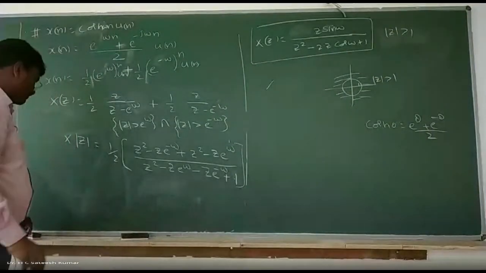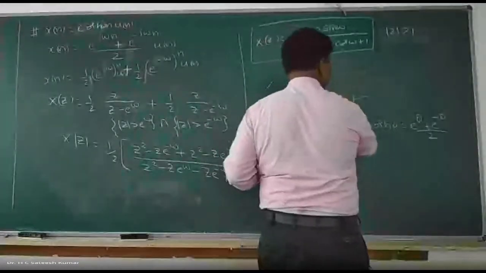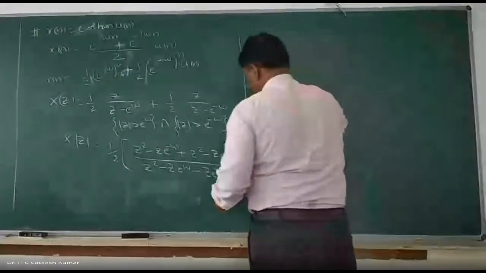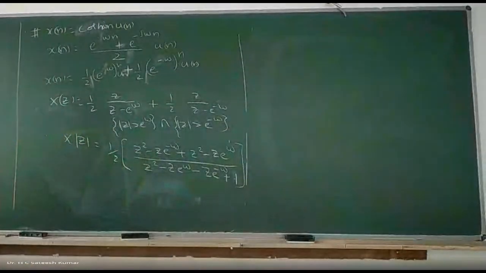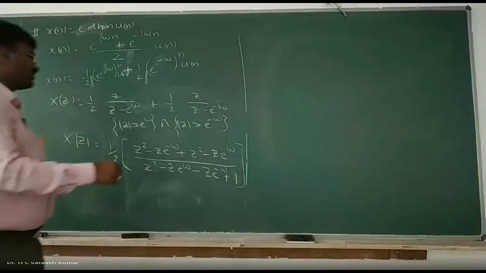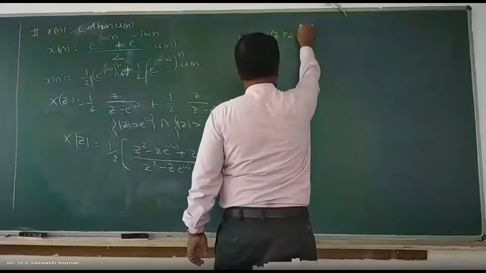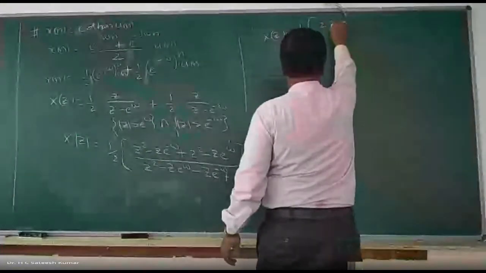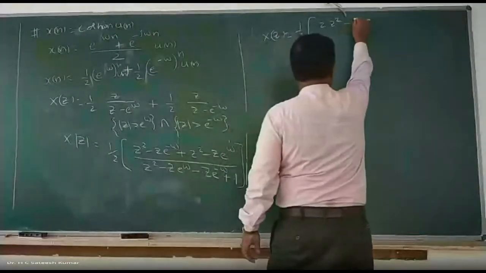Next, simplify this. What we can write is X(z) is equal to 1 by 2, keep it as it is, z square plus z square, 2z square, and minus z you take common.